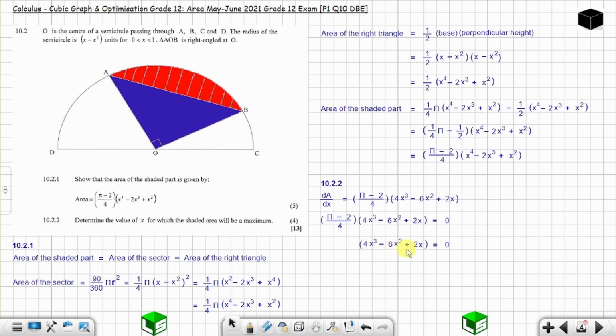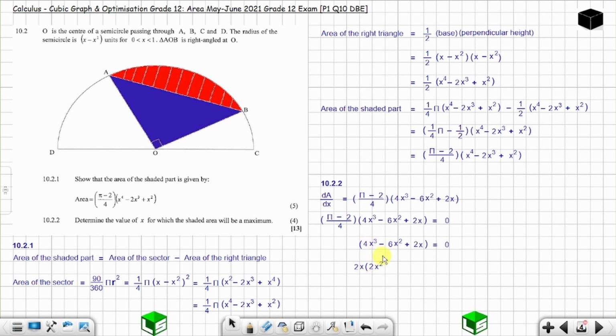You carry on. You are going to take what is common in this. You have 2x there, and you have 2x there, and you have 2x there. So 2x is common in this bracket, and you can take 2x outside of the bracket. You open the bracket, you remain with 2x squared, so that when you multiply the two terms, you are going to get this.